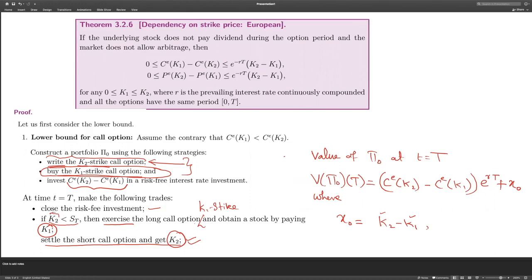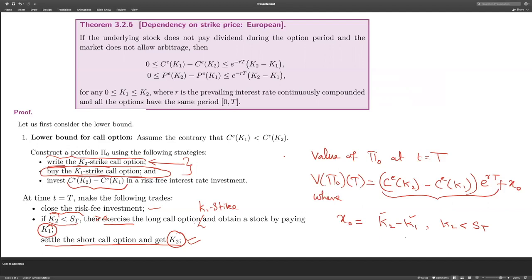That happens when K2 is less than ST. Otherwise, you simply don't do anything because you already got a positive return from your portfolio.